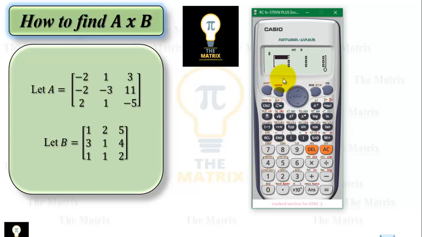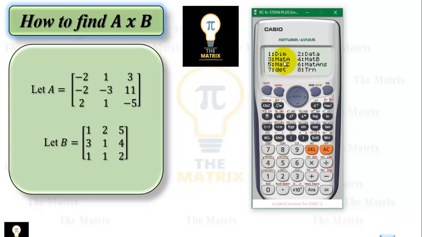That is 1, then 2, then 5, then 3, 1 and 4, 1, 1 and 2 as the third row. Once you feed all the elements, just push the on button, and it is saved. Now you can perform operations with the shift key on the 4 key. So we'll go for shift 4.